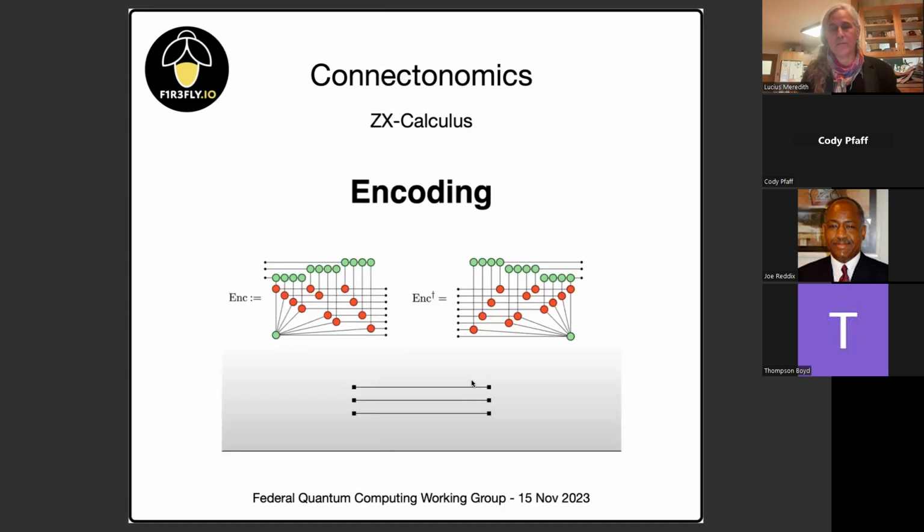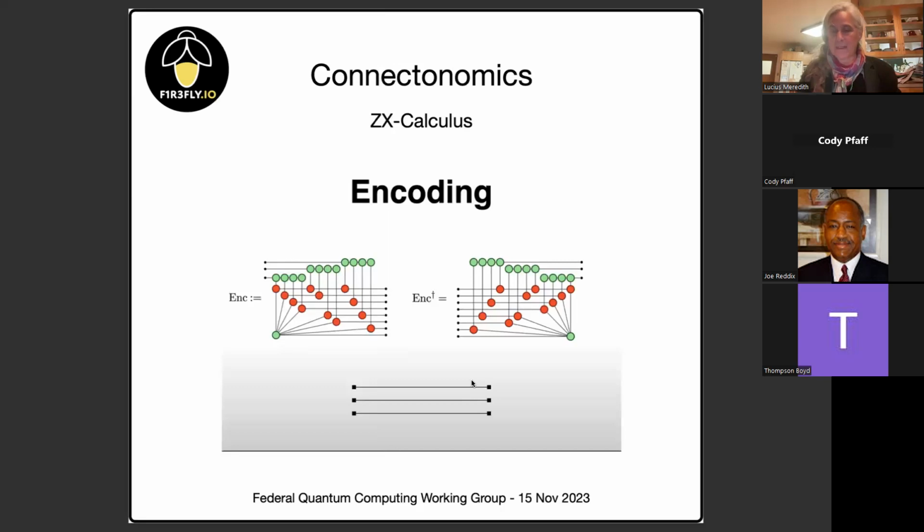So in particular, two diagrams are equal in the rewrite sense if and only if the linear maps they represent are equal. So there's a completeness, and in fact you can represent all linear maps that way. So that's quite an endorsement for the expressive power of ZX.